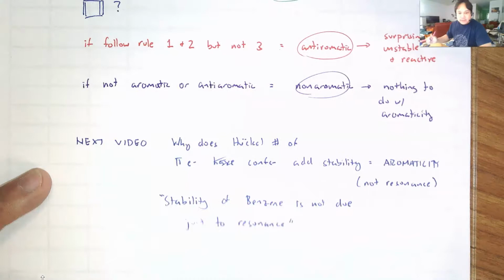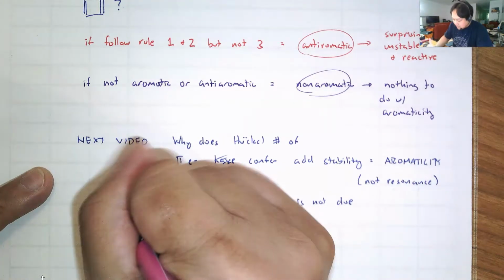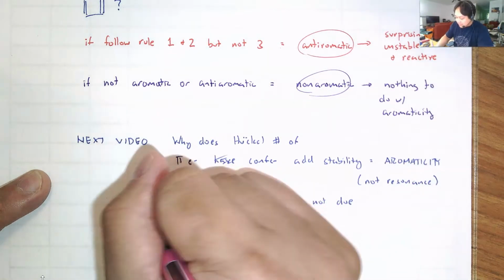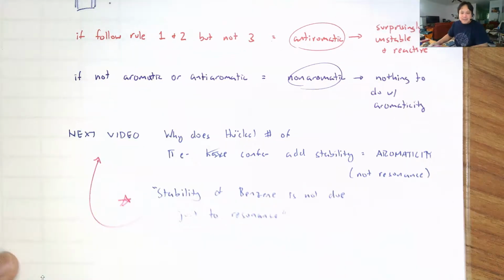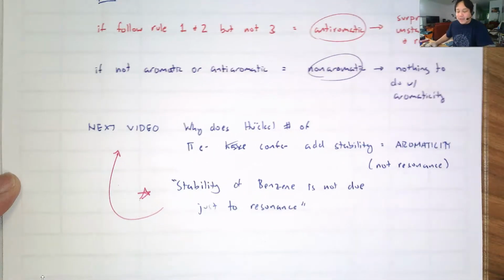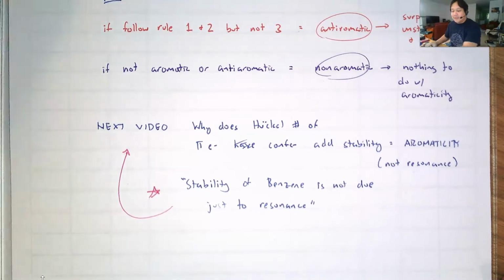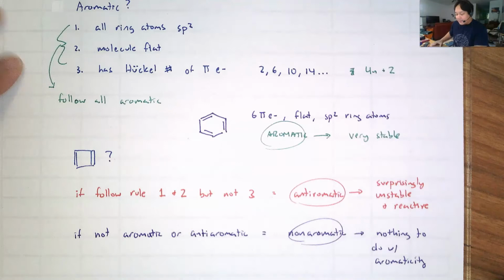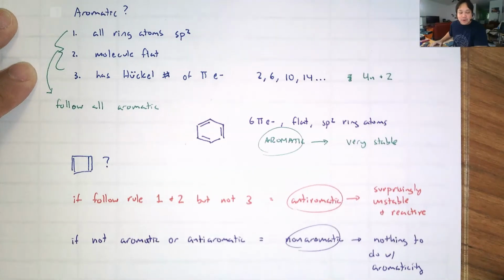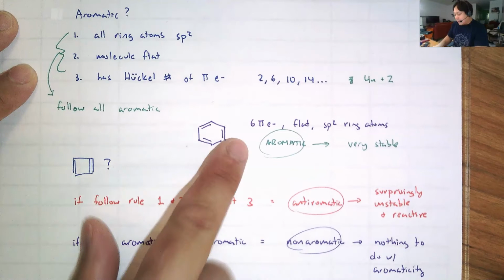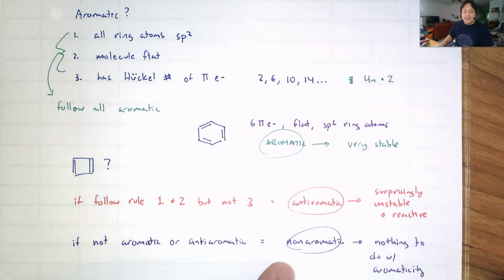Big star. We will explain that in the next video. It's going to get a little bit weird. We're going to look at what are called molecular orbitals and the different energy levels of those orbitals. All right, I'm okay with that introduction to aromaticity and aromatic molecules, and we do have a set of working rules that we can use to determine molecules that fit in these 3 categories.